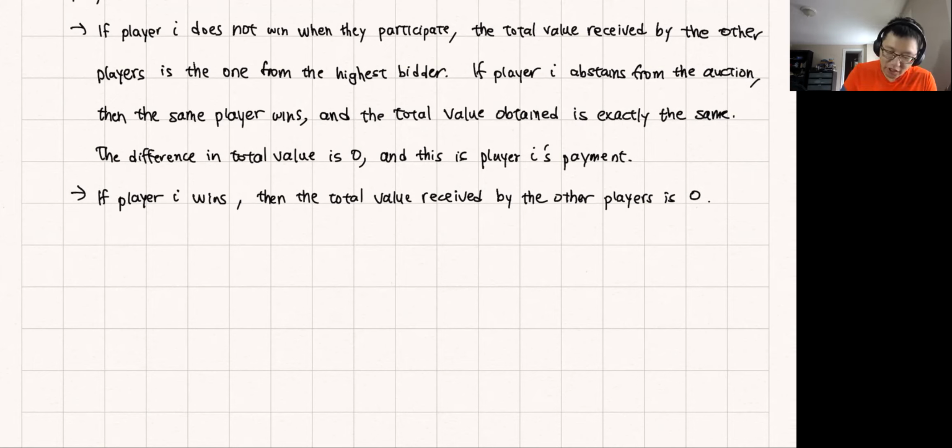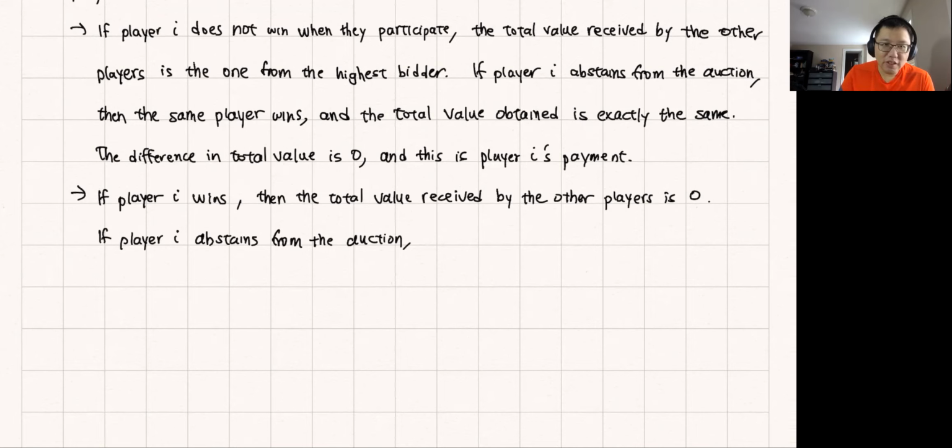But what if player I now abstains from the auction? Originally player I wins, but now let's say player I doesn't participate anymore. Then what happens to the auction?